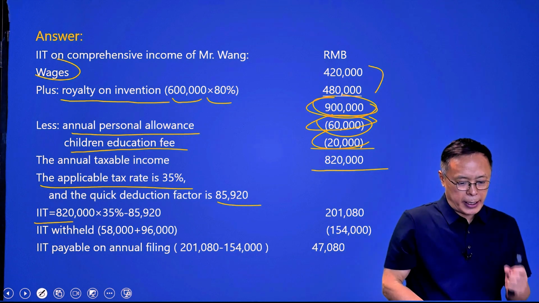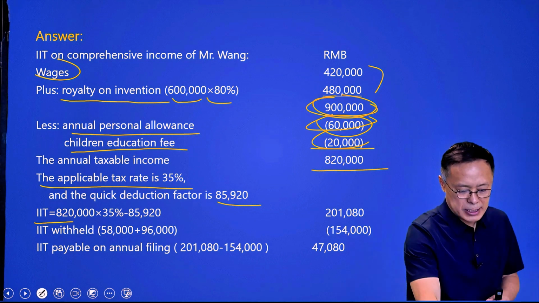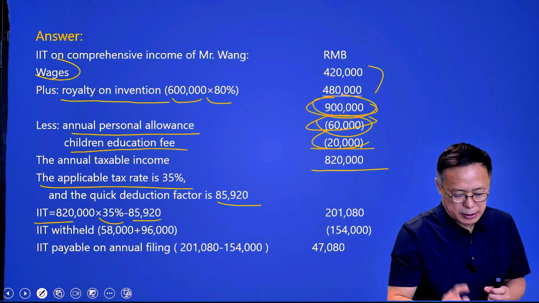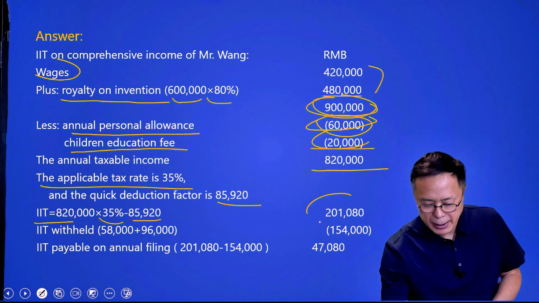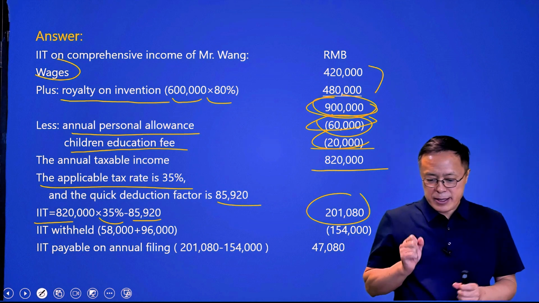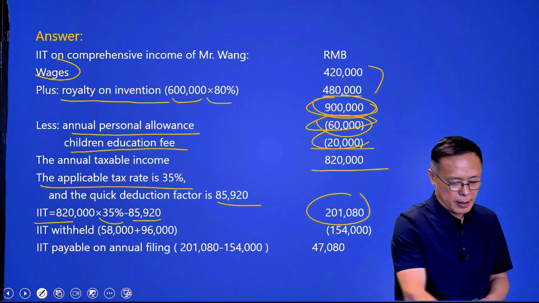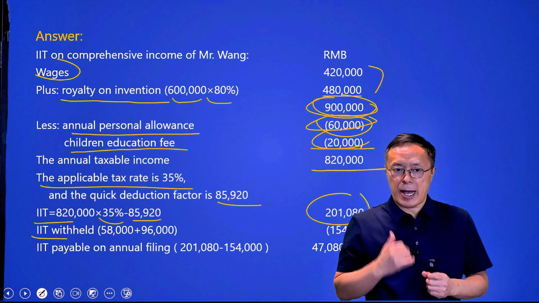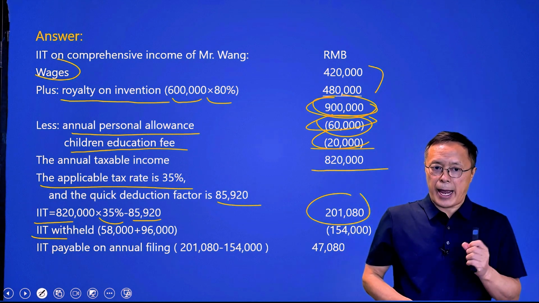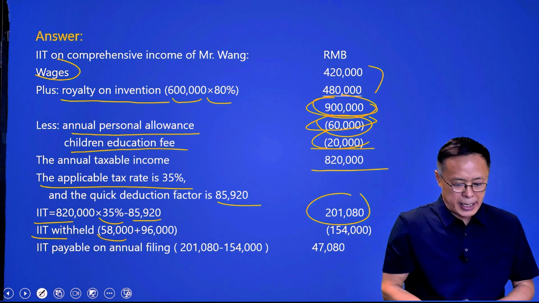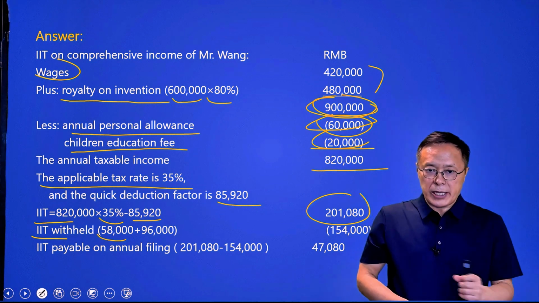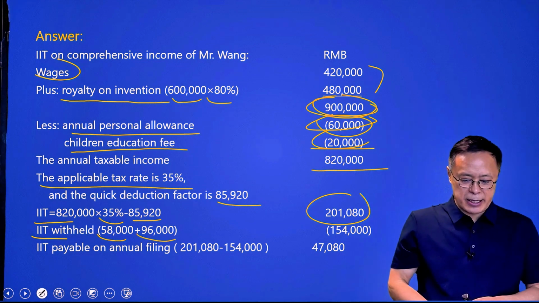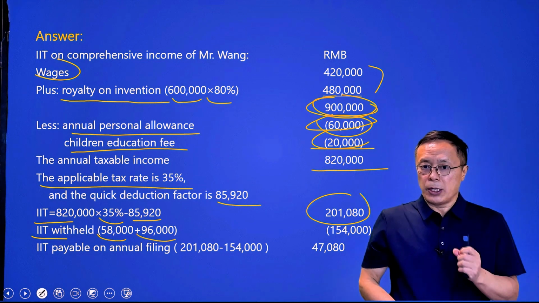So IIT equals 820,000 times 35% minus 85,920. The value is 201,080. Here, IIT withheld. The question stem already tells us wages withheld tax 58,000, royalty income withheld tax 96,000.